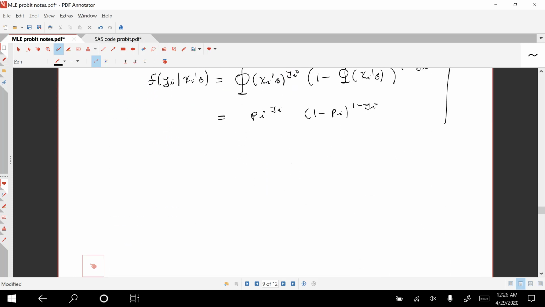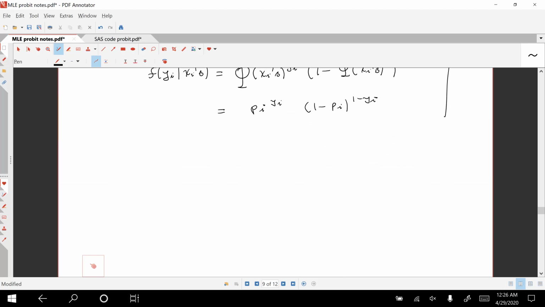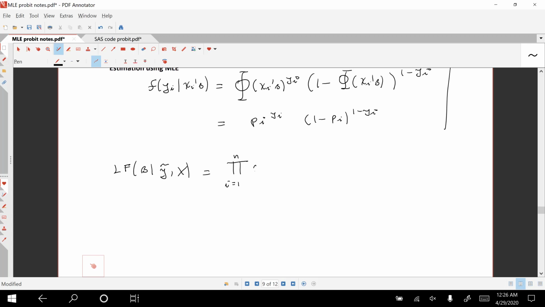So we can write our likelihood function. It's going to be the betas as a function of the y's and a matrix X, because it's a function of all the values for yi and all the values for xi. Remember, that's just a product of those individual probability density functions.